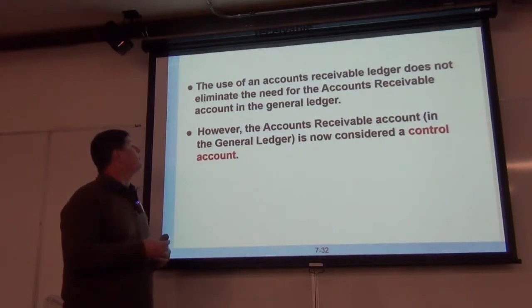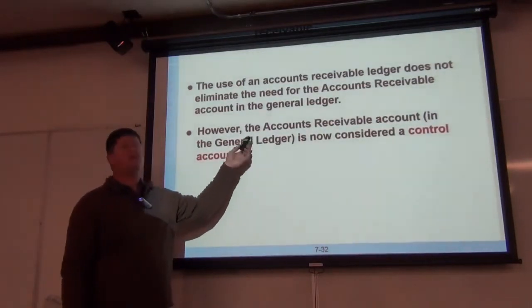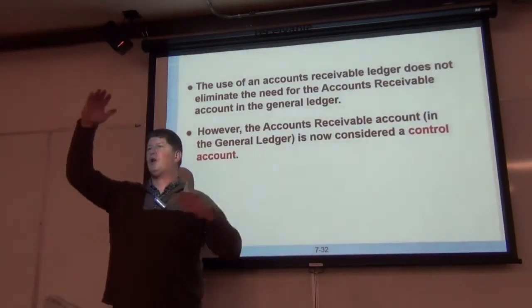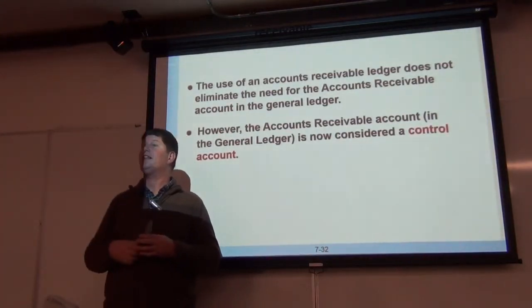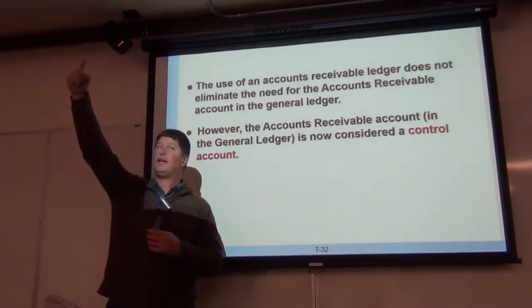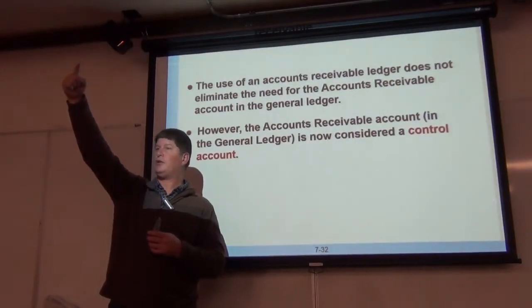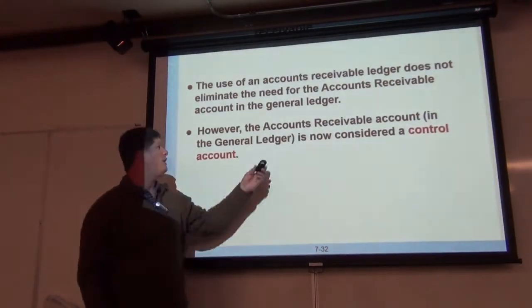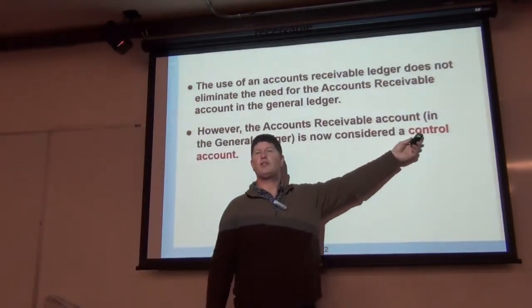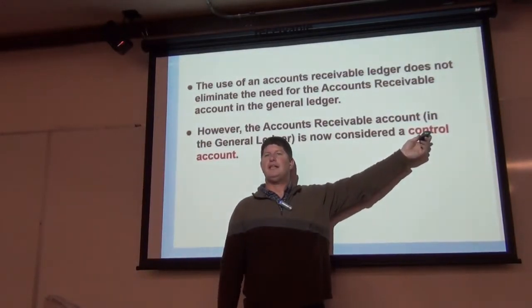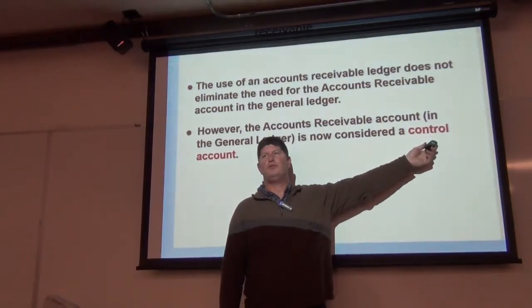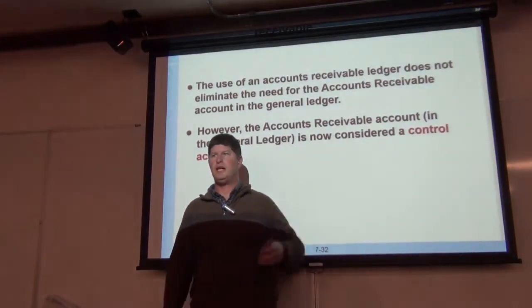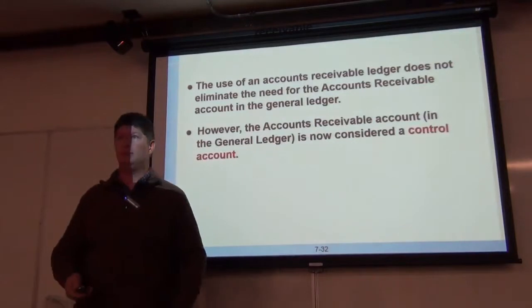We always want to make sure that if we take all the customer cards and list the balances for each one and total them up, it matches account 111, accounts receivable in our general ledger. They always must match. Account 111 is referred to as the control account. It's presumed to be right until you prove it wrong.